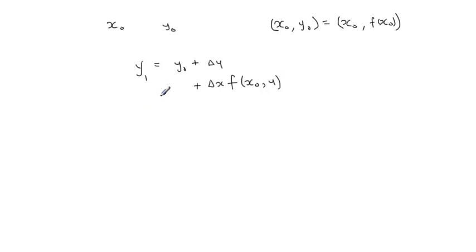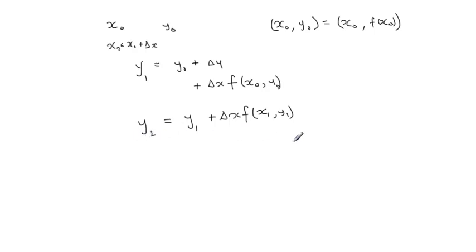If we do this for y2, you get exactly the same thing: y2 would be equal to y1 plus the increment in x multiplied by the function. The function was initially evaluated at x0, y0. Notice that x1 is simply x0 plus the increment in x, so now the function will be evaluated at x1, y1.